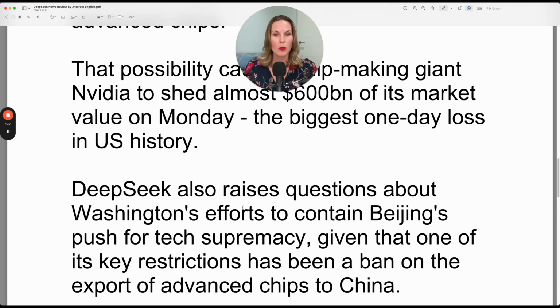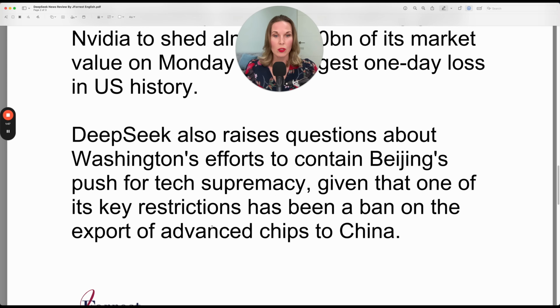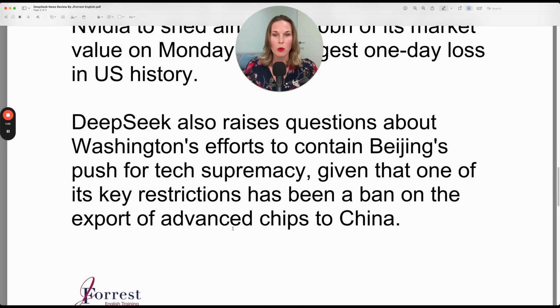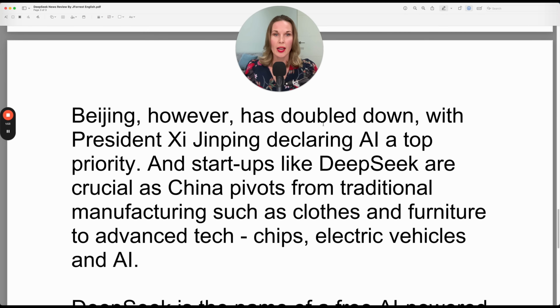DeepSeek also raises questions about Washington's efforts to contain Beijing's push for tech supremacy, given that one of its key restrictions has been a ban on the export of advanced chips to China. Beijing, however, has doubled down, with President Xi Jinping declaring AI a top priority.